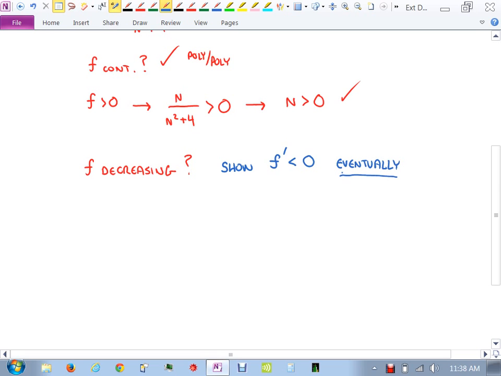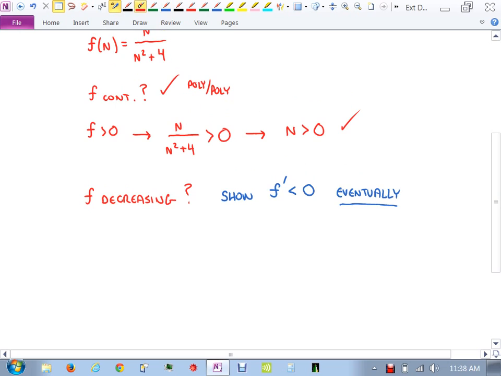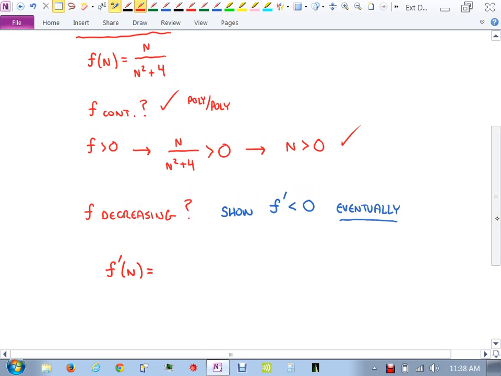So let's take the derivative of f. Not L'Hopital's rule, derivative, the true derivative. What's the derivative of this function? So it's up there, isn't it? It's quotient rule, right?